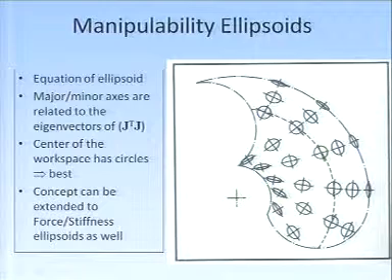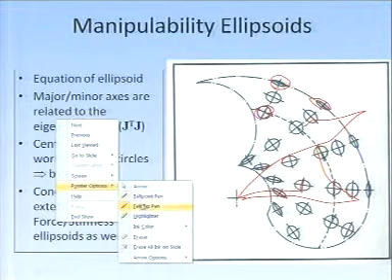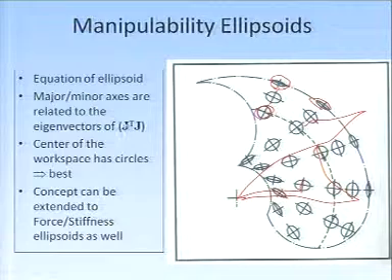That ellipse at the center becomes a circle, and along the edge it becomes almost like a line, which means at these positions they behave best. So, theta dot transpose J transpose J theta dot is an equation of an ellipse.